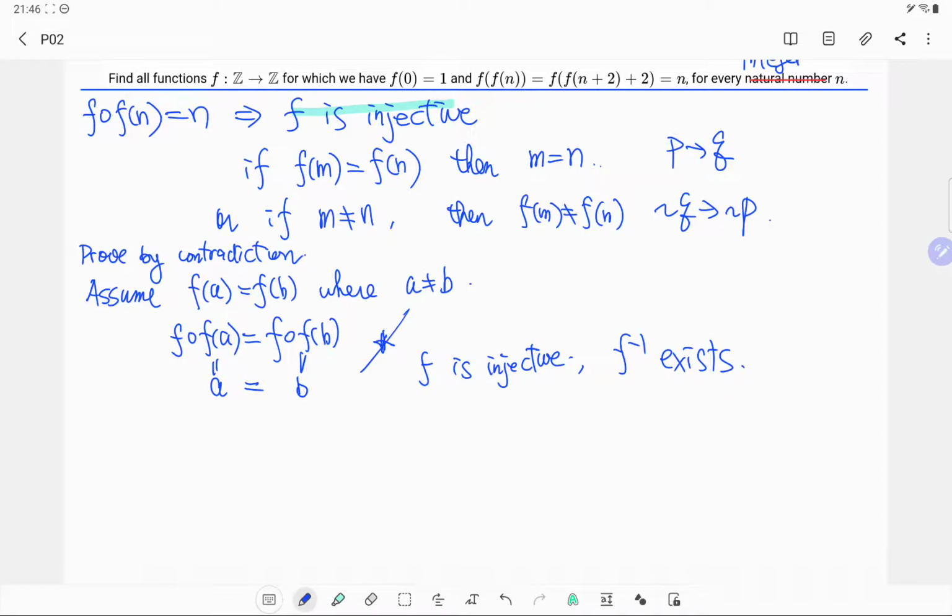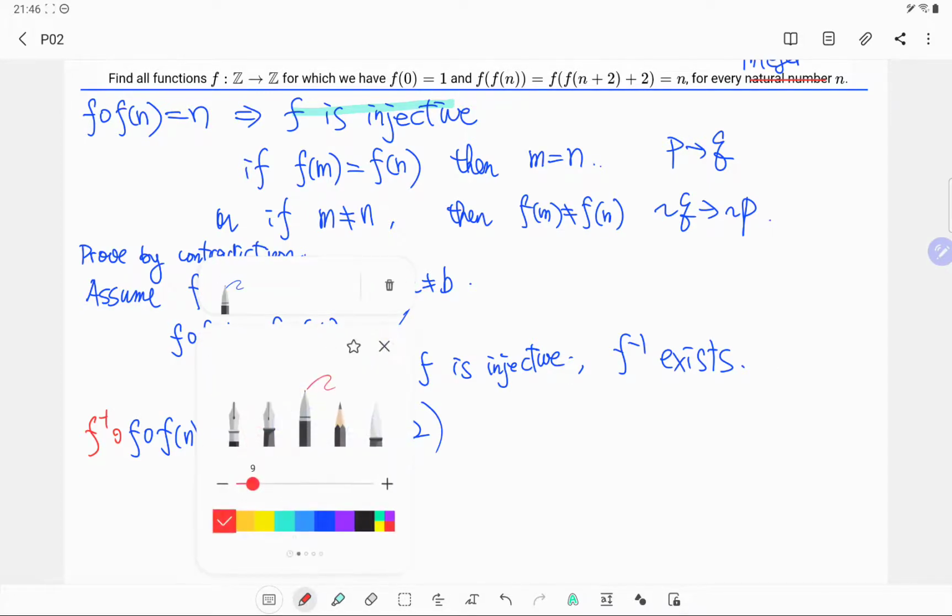So we can make use of the original expression f(f(n)) is equal to f(n+2), where in this case we can use a bracket. So we can apply f inverse on both sides.